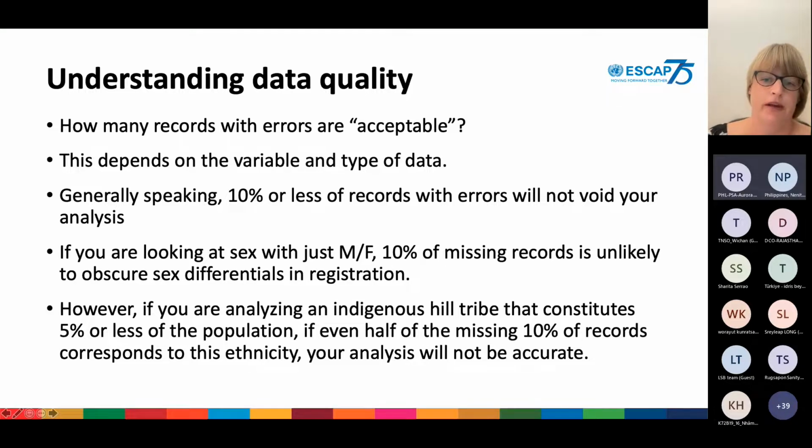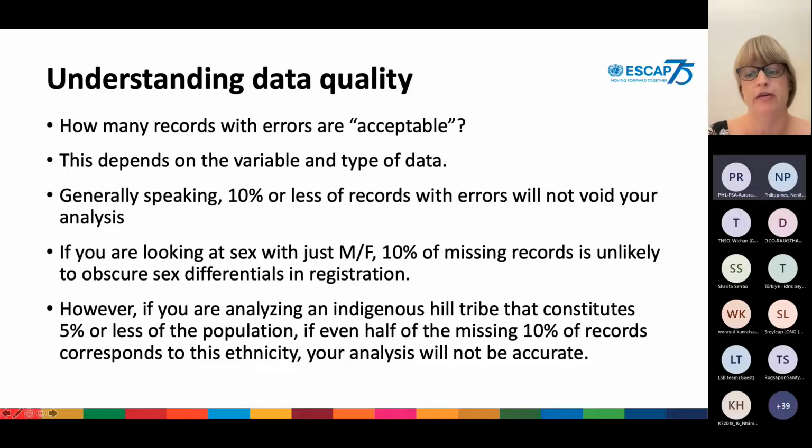So for example, if you were looking at sex by male and female, and 10% of your records are missing this information, it's probably not going to obscure any kind of sex differential between males and females if one exists. However, say you were really interested in an indigenous hill tribe and that population only constitutes 5% or less of your total population.